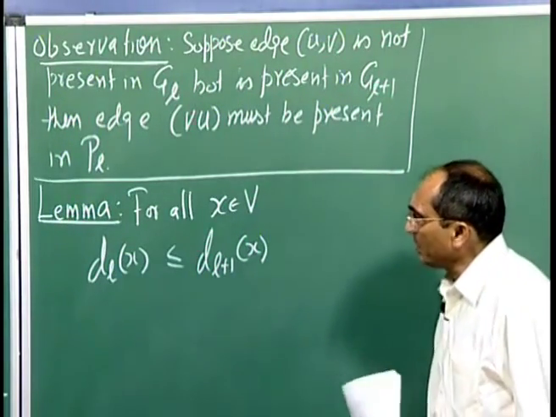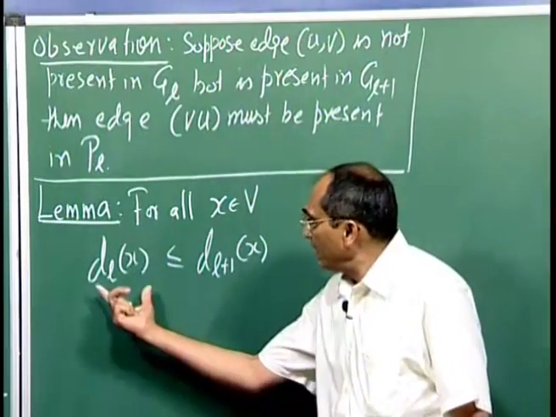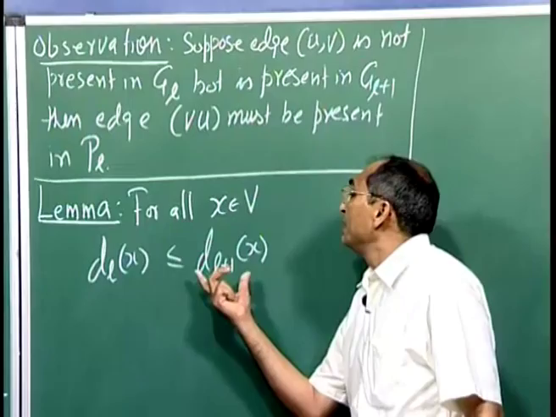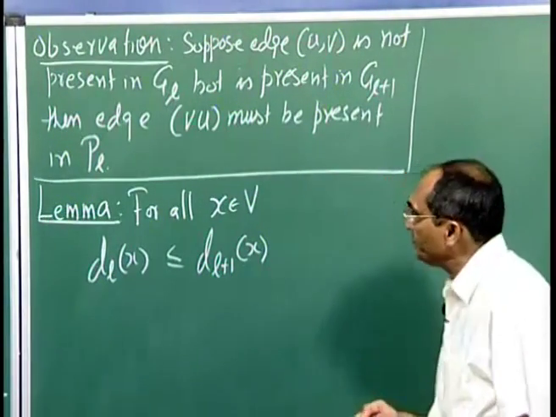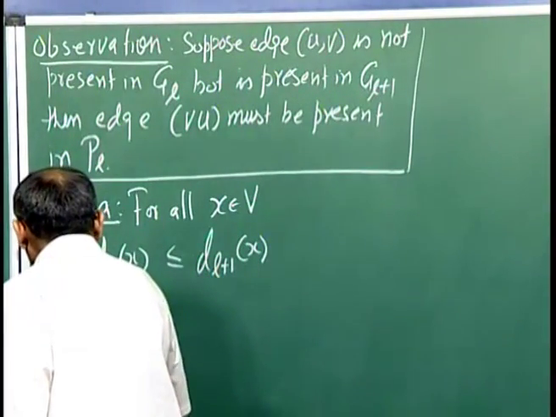The distance from S to x in GL cannot be more than the distance from S to x in the next graph. Let us try to prove this.